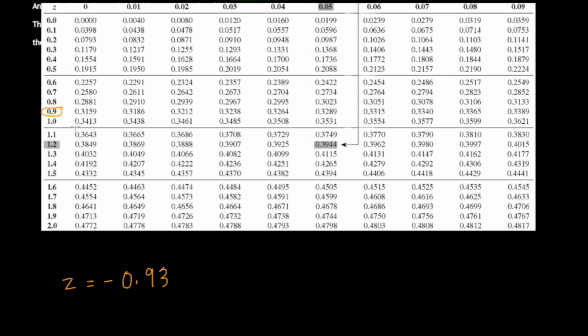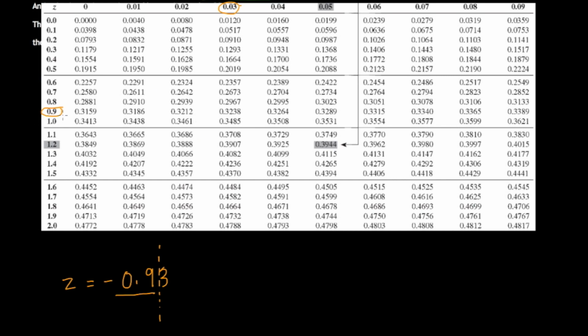Okay. So in the table vertically, we're going to have the first portion of the z-score, which is our 0.9. And horizontally, we're going to have the third decimal, which in this case is 3. So right up here, 0.03, and we're going to look for the intersection between the two.